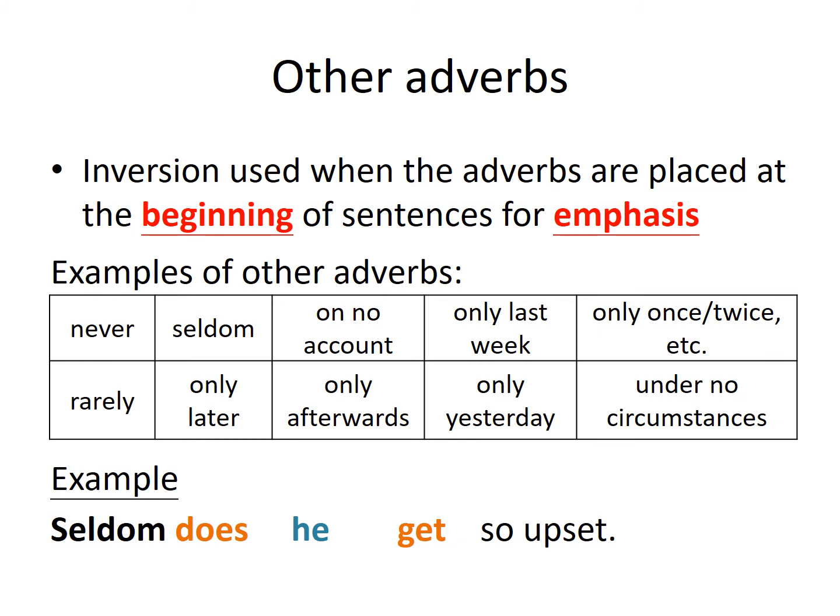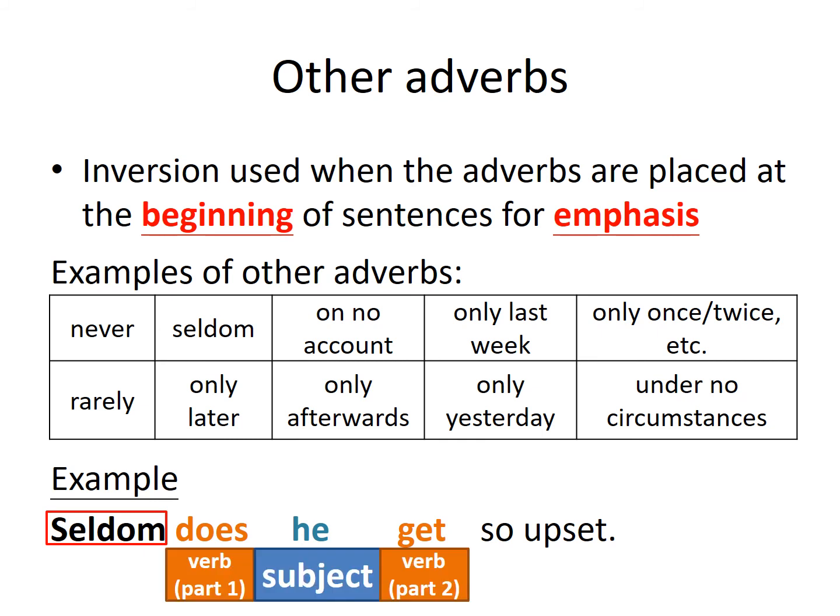Example sentence: seldom does he get so upset. In this example, you can see that the statement starts with an adverb, seldom. Then it adopts the inverted verb plus subject structure. Since originally there is only one word for the verb gets, a form of do, does, is added before the subject he.